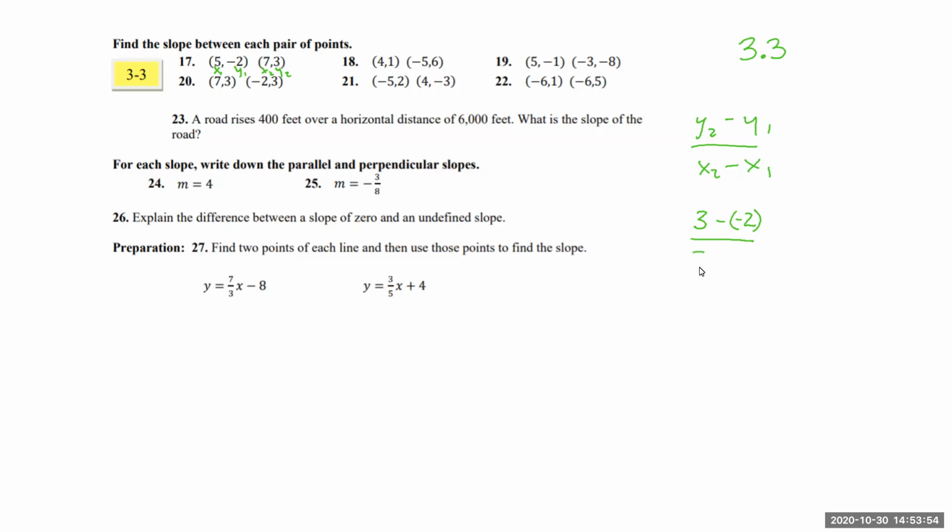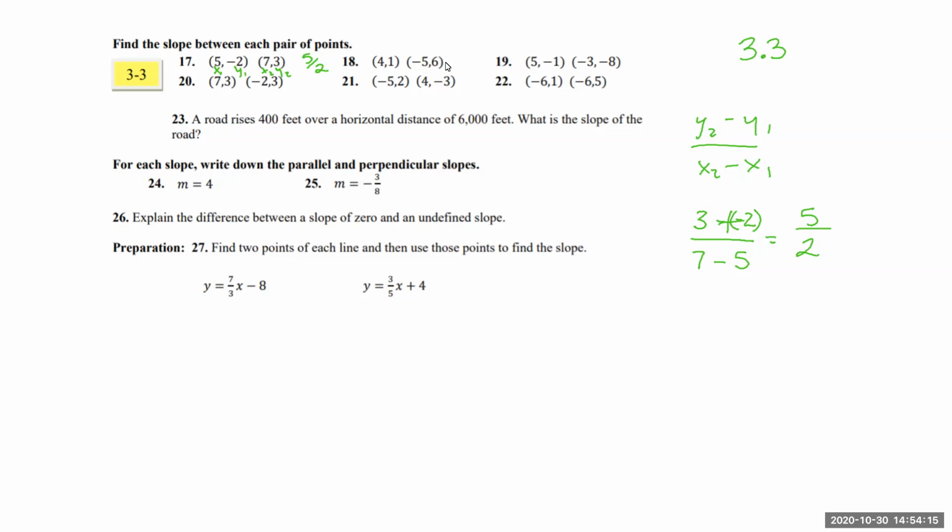So we're going to do 7 minus 5 there. Okay, and then when we do this out, we're going to do 3 minus negative 2, which is going to be 3 plus 2. It's going to be 5. And then 7 minus 5 is just 2. So for 17, our answer is just going to be 5 over 2.